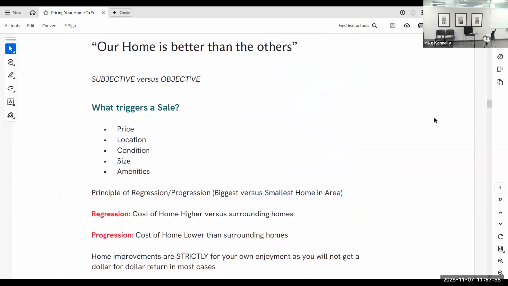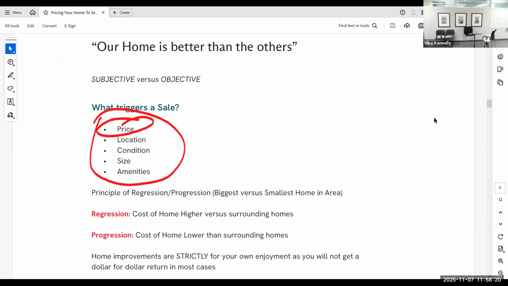There's 5 things that trigger a sale in real estate. Price happens to be number 1, not a coincidence. Location, condition, size, and amenities. It's 5. Do you disagree with any of those 5, Mr. Seller? You don't? Good. Okay, great.